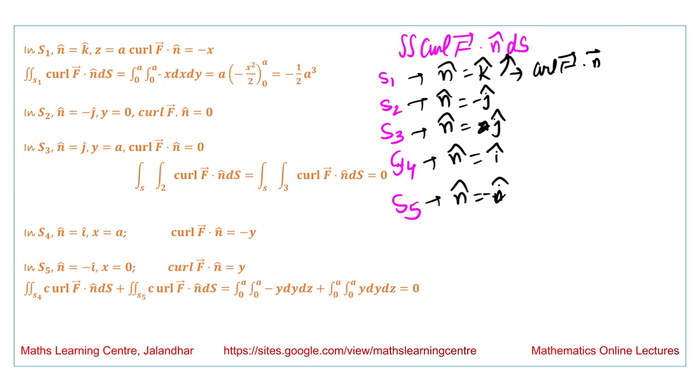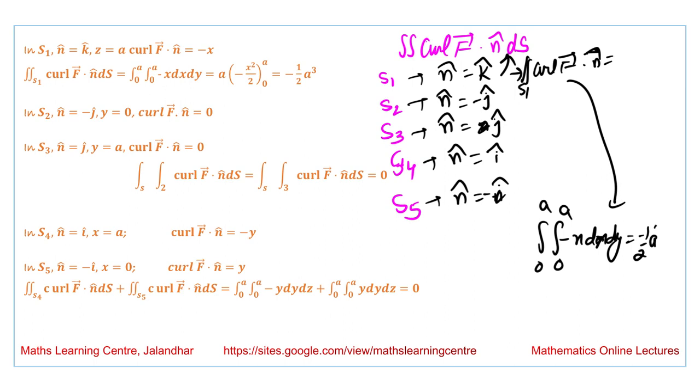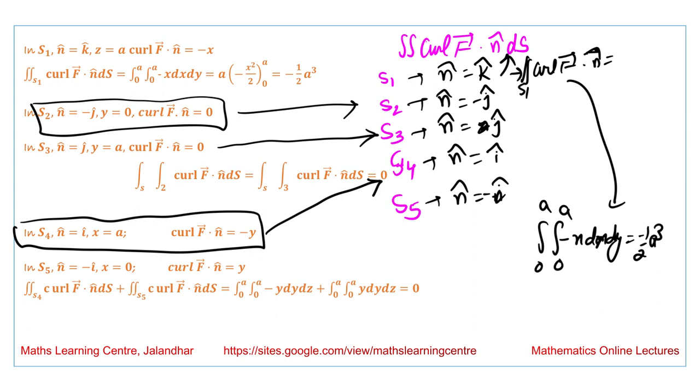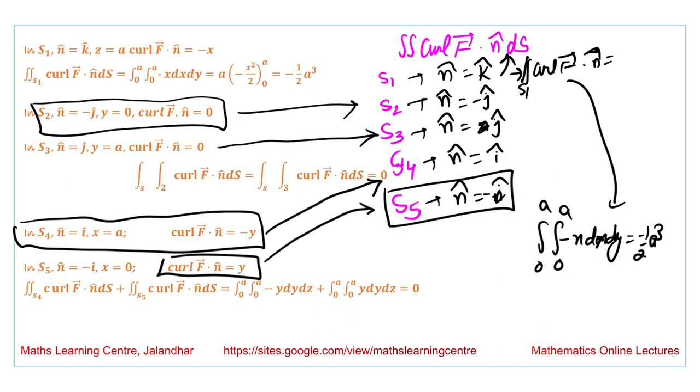Now when we substitute these values in the formula for curl of F vector dot n cap, we get the double integral over the surface S1. In this first case, the double integral from 0 to a of minus x dx dy gives minus 1 by 2 a cube. For the second surface the value is 0, and for the third surface the value is 0. For the fourth surface, curl of F dot n cap is minus y, and for the fifth surface it is y.